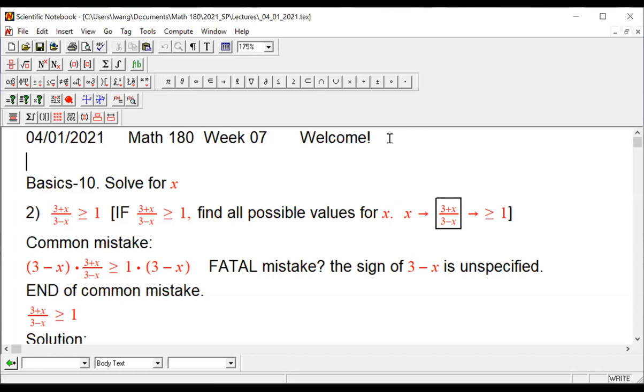So shall we pick up a couple more questions, maybe one or two questions to work on in basic 10? Or do you think you guys can handle the rest? I think you should be able to handle the rest, and they're just a little bit more complicated.